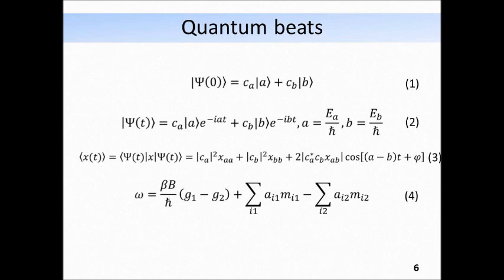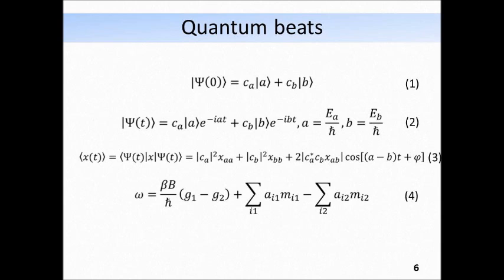Quantum beats occur in any system in which the state is a coherent superposition of stationary states. In the simplest case, which you can see as Formula 1, there is a superposition of stationary states A and B. So the state at any given moment will behave in such a way as in Formula 2.